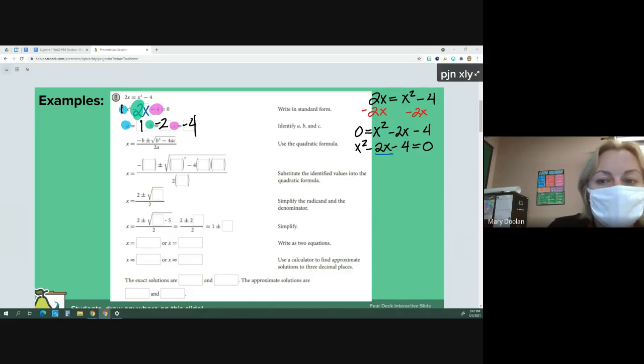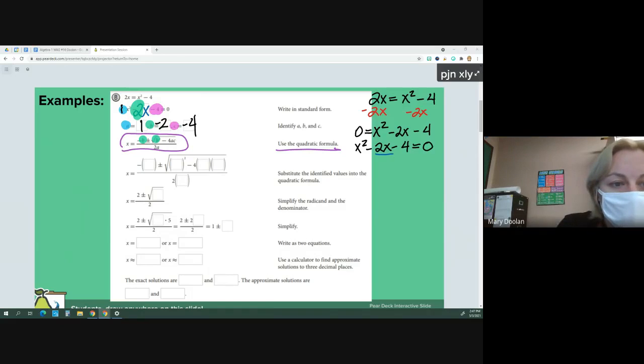And now we're going to use the quadratic formula, which is this guy here. We're going to replace the B's with -2. Okay, you have a B here, and a B here.